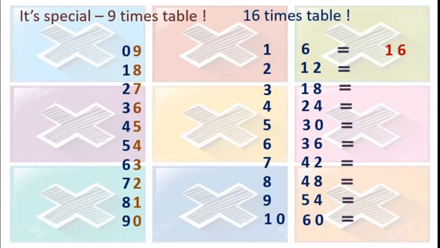See in the second line, that is 2 is there and 12 is there, correct? So this unit place 2 we will write here. Then we are going to add these two numbers, that is 2 and 1. The answer is 3. That 3 we will write here.